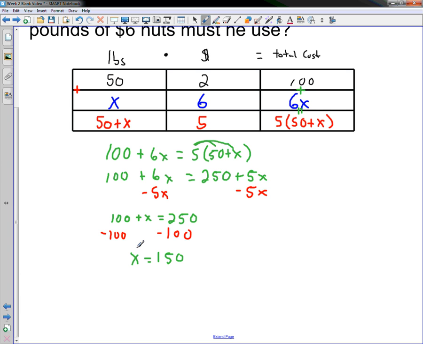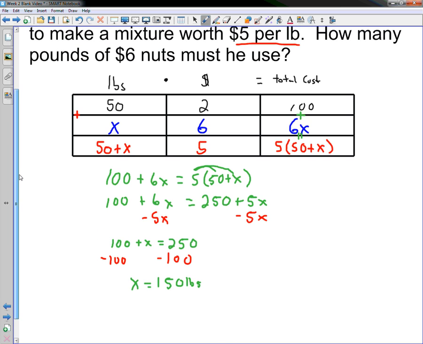Now remember, x is the number of pounds for $6. So this is 150 pounds that we found. And it's asking us how many pounds of $6. Well, we found exactly what we need. We don't have to plug it into anything. So we have 150.